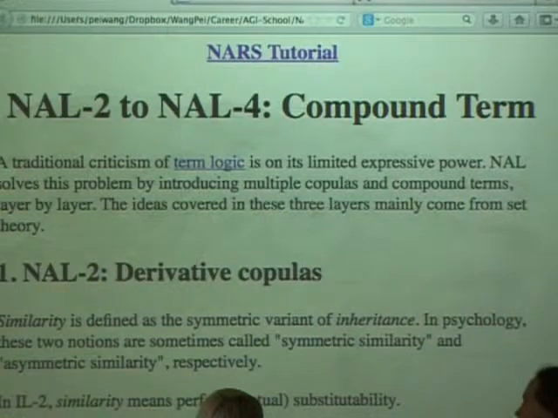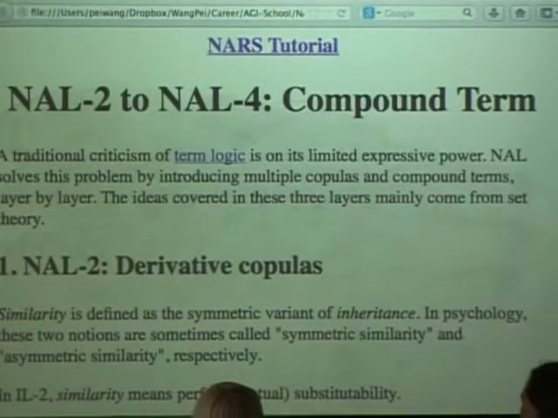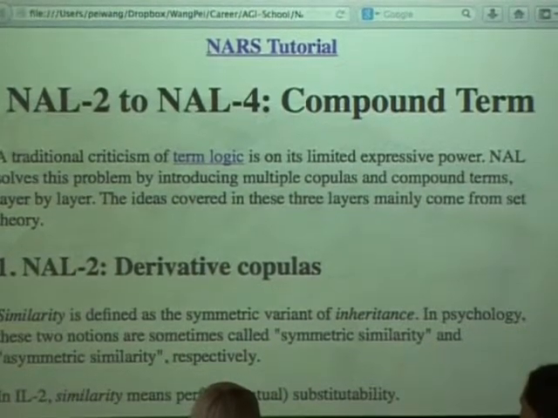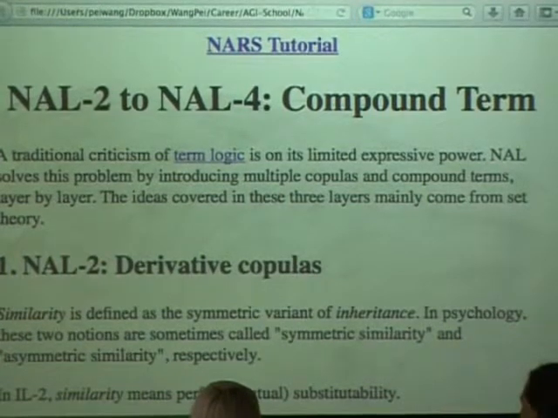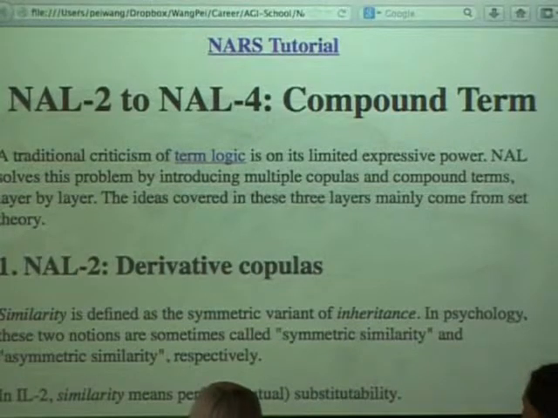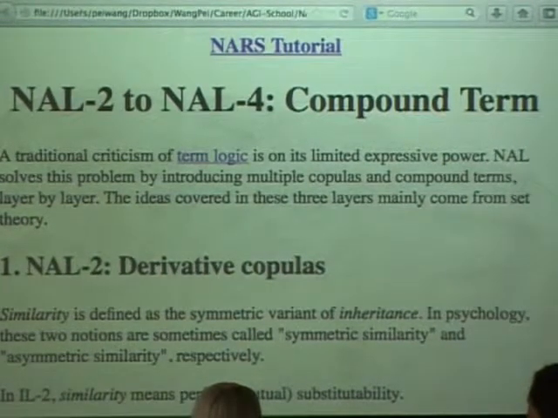Then what is missing? Well, clearly everyone can see: all the domain knowledge is described by a subject-predicate sentence with the inheritance copula plus a truth value. Clearly, that's far from enough for a lot of practical applications, not to mention providing general intelligence.